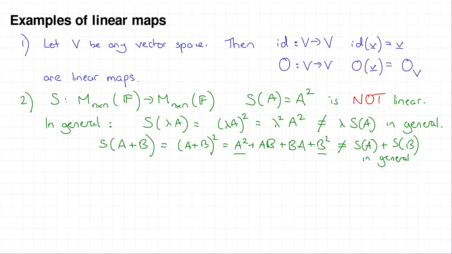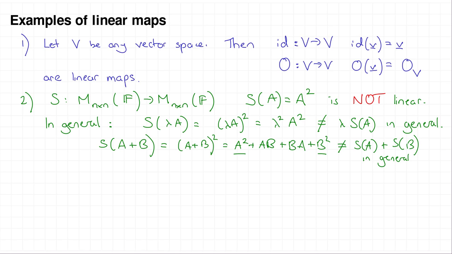So for linearity, it has to be true for all A and B that S of A plus B is equal to S of A plus S of B, but that won't be true always. So this is not going to be a linear map.